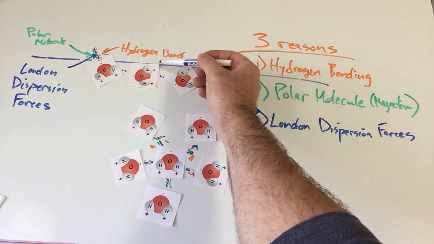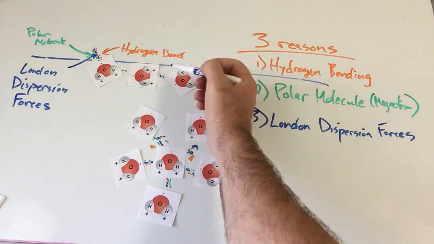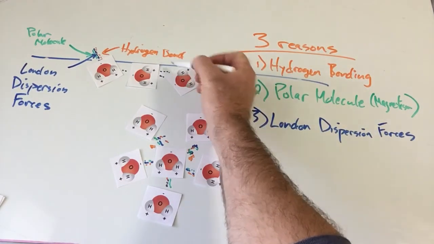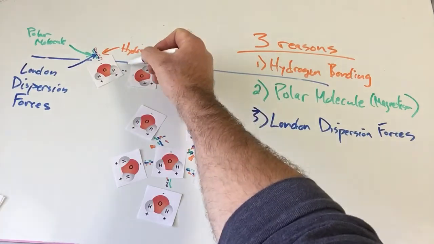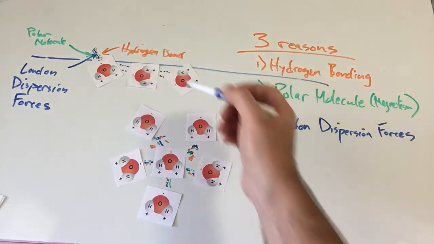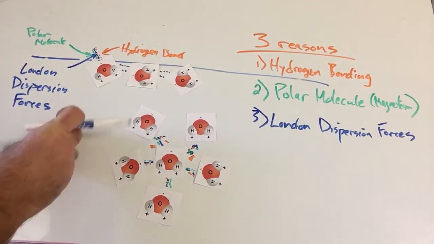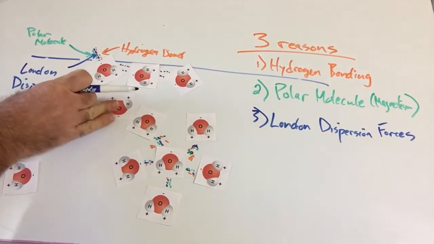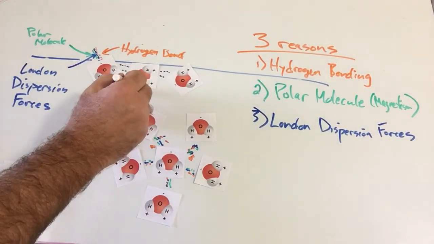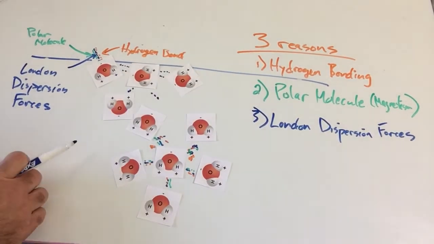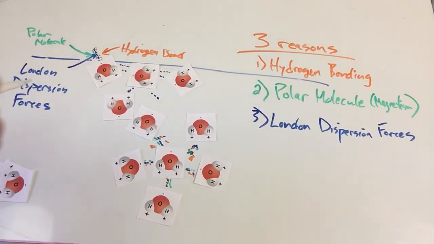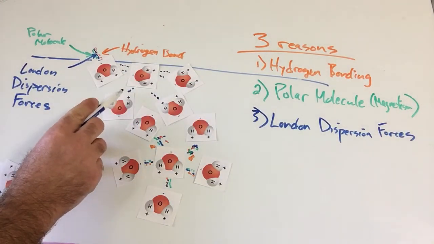So the London dispersion forces that would go up come sideways too. Now, it's totally going to bond to ones underneath it. But that's only a single.